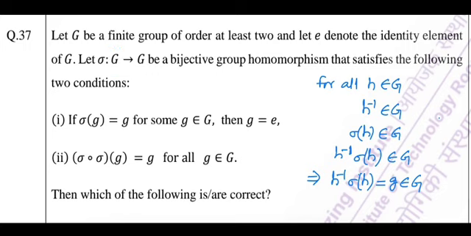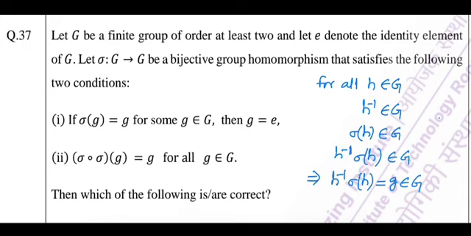If you think in the reverse direction, then you will observe that every small g belonging to G will have an element h such that h inverse sigma h will be in G. So we go in the reverse direction considering two things.